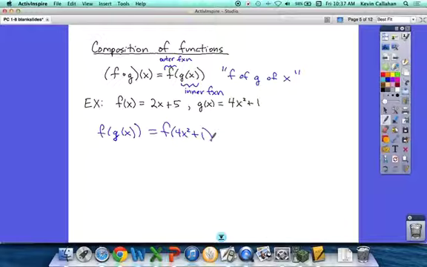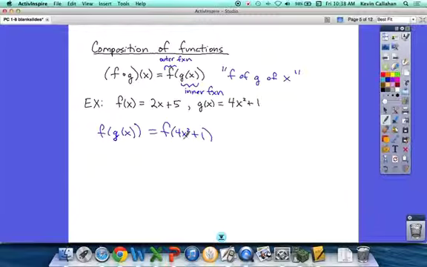So first step, I'm replacing the inner function. Second step, you have to evaluate the outer function. Generally, if I say find f of 2, that means replace the x with a 2. Remember when we did the difference quotient? Find f of x plus h. Replace the x with an x plus h. In this case, we're replacing this x with 4x squared plus 1.